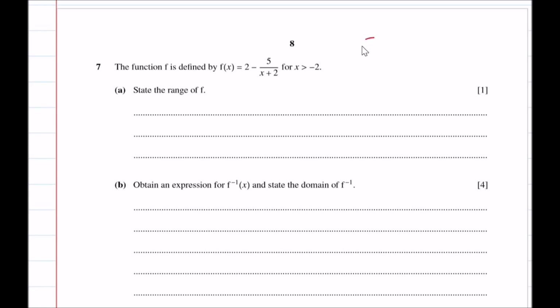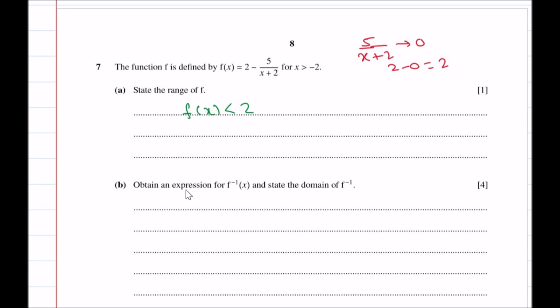See, that means 5 by x plus 2 for large x tends to 0. In that case, 2 minus 0 equals 2. So that is f(x) maximum value. So range will be f(x) less than or equal to 2, not more than that.